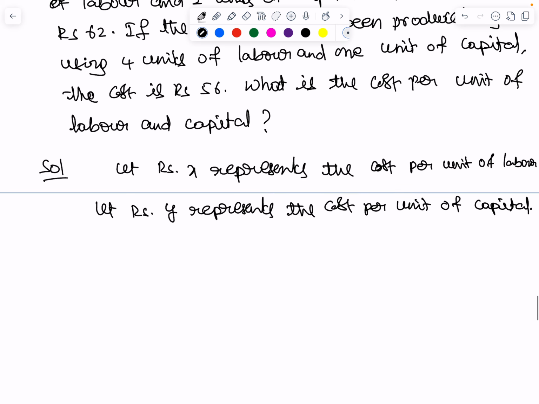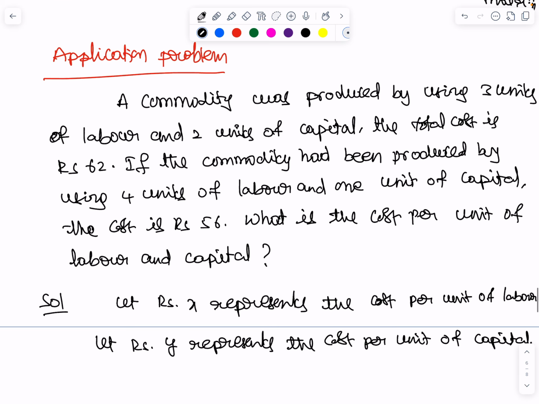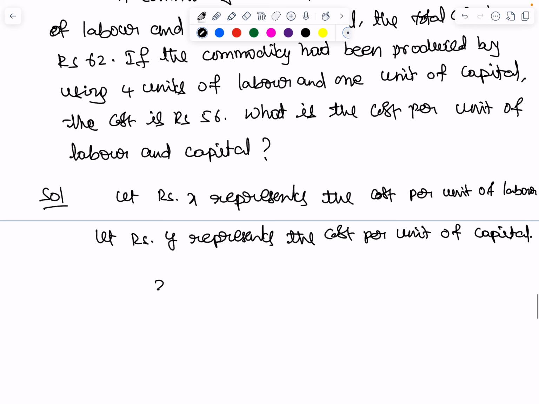The given system of equations: 3 units of labor and 2 units of capital together cost 62 rupees, therefore 3x plus 2y is equal to 62. 4 units of labor plus 1 unit of capital costs 56 rupees.